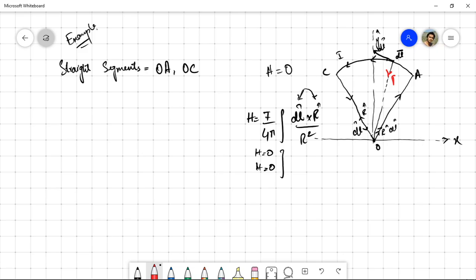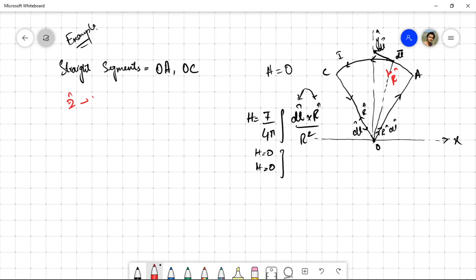This is the direction of r hat, and to know the direction of H, we curl our fingers from dl towards r. Our thumb will be coming out of the screen. So if this is x, this is y, the direction of dH will be in z's direction.